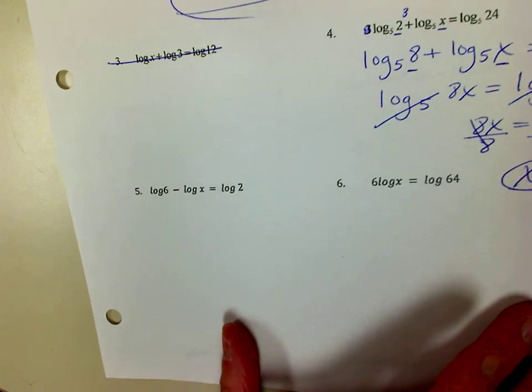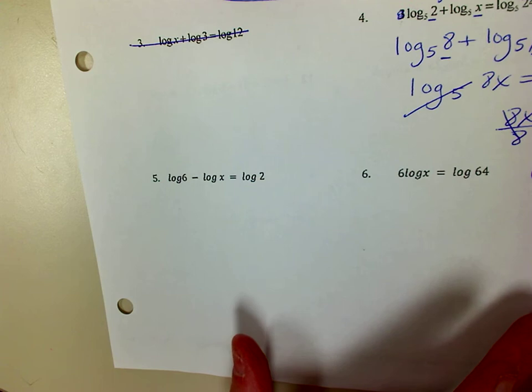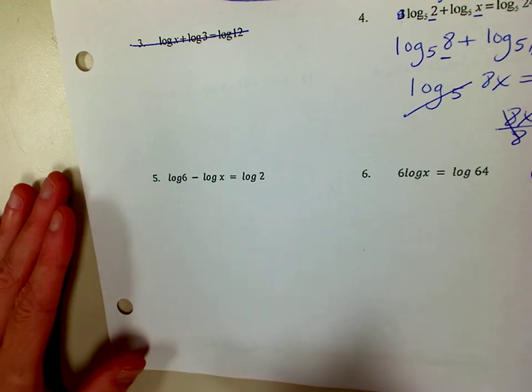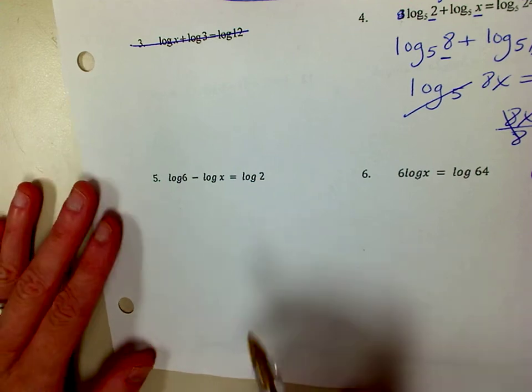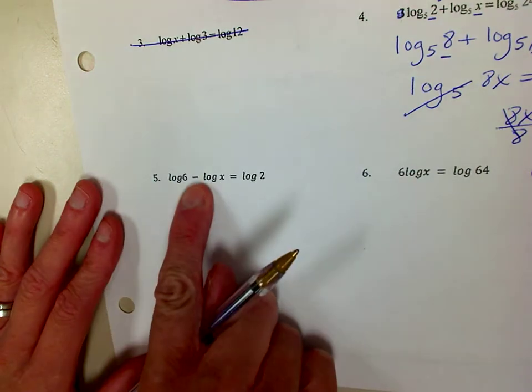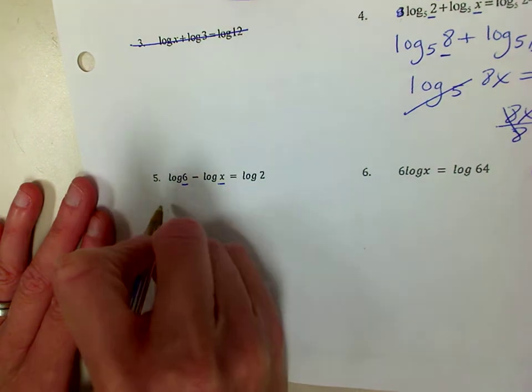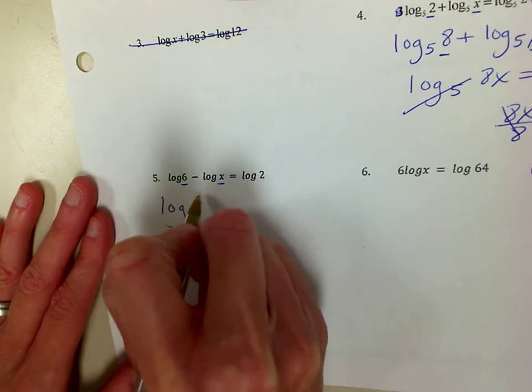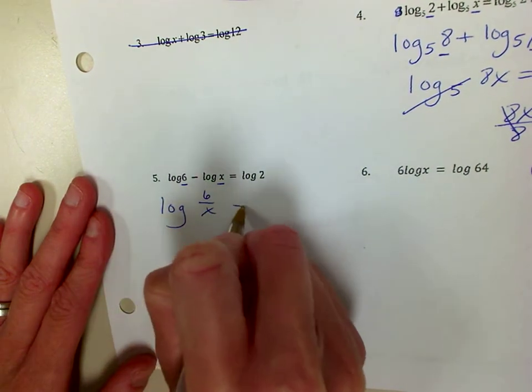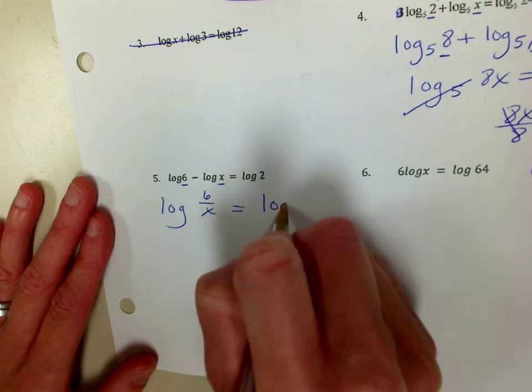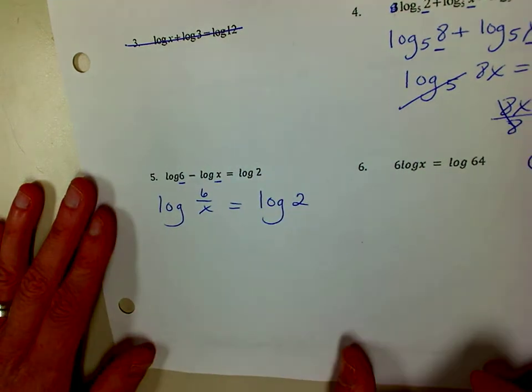Okay, moving on to number 5. Again, the first thing I want to do is condense. So this time I have a subtraction sign, so that means I'm going to divide the two arguments. So log of 6 divided by x, and then the right side just stays the way it is.